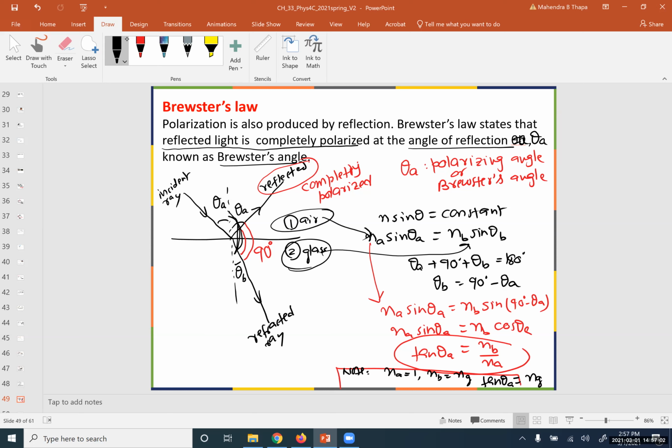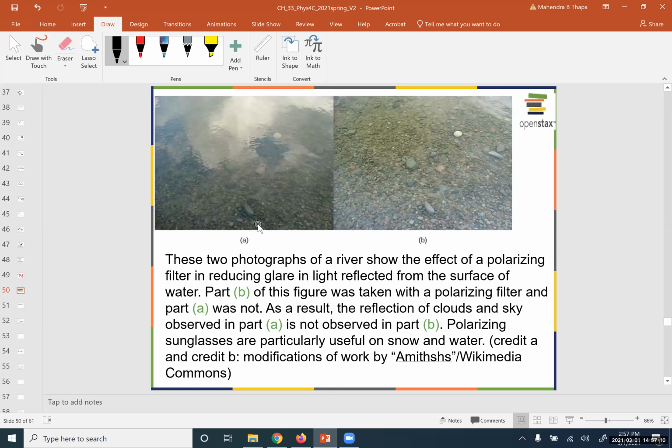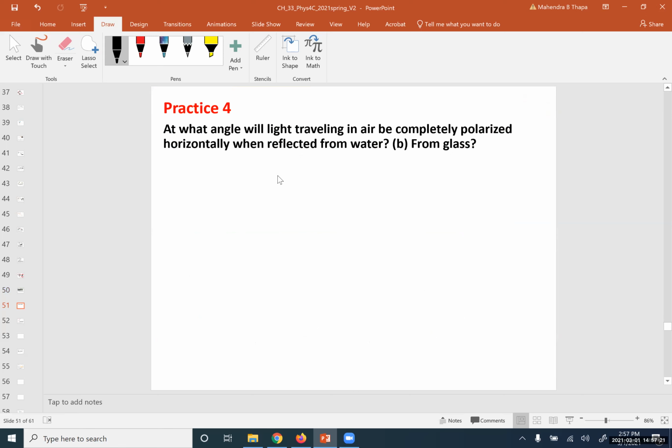This relation is called Brewster's law, when the reflected light is completely polarized. These are pictures taken by using polarizing filters. You can compare the pictures between A and B. If you understand up to this point, you can answer the question of practice 4.